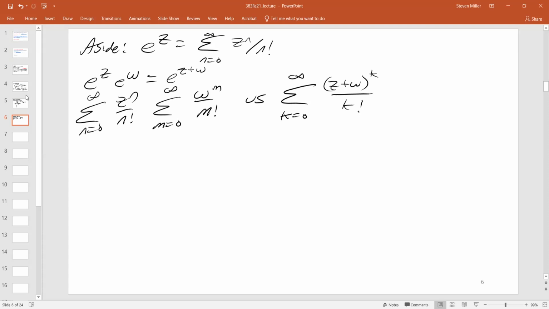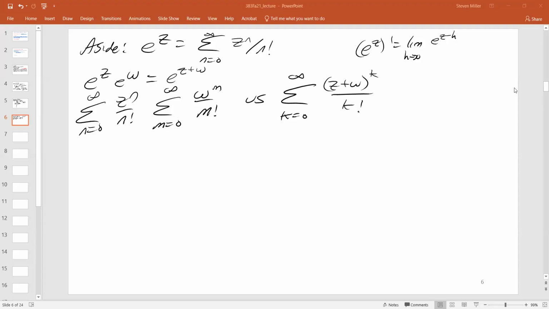Well, if we want to calculate the derivative, the derivative of e^z would be the limit as h goes to 0 of (e to the z plus h minus e to the z) over h, which we hope is e to the z times the limit as h goes to 0 of (e to the h minus 1) over h.